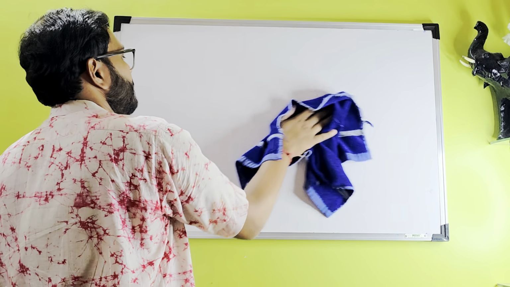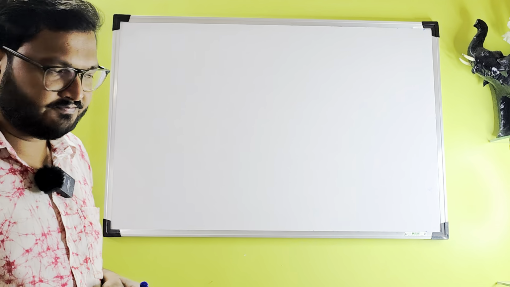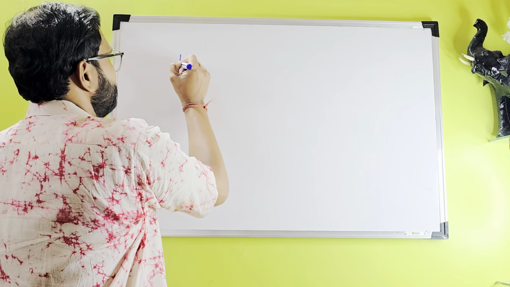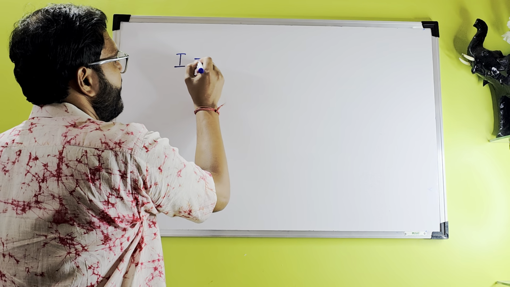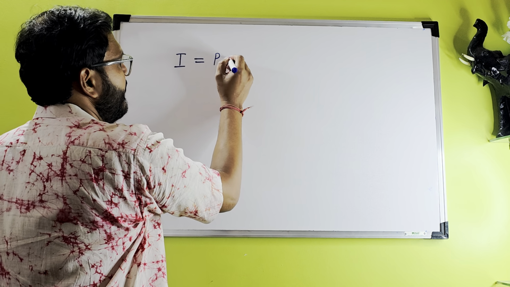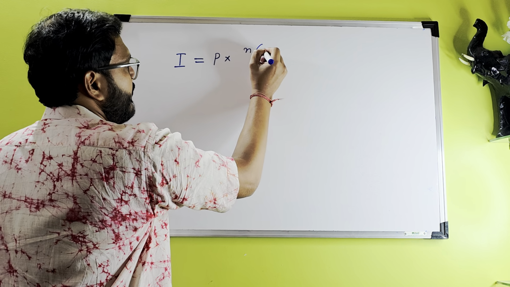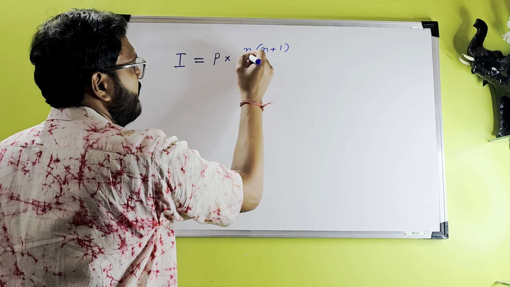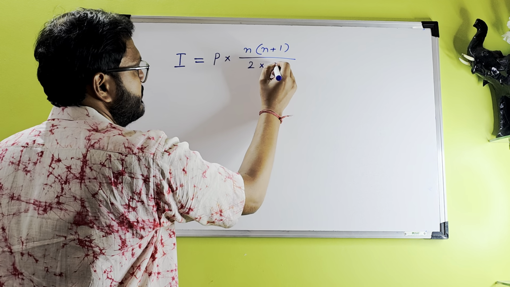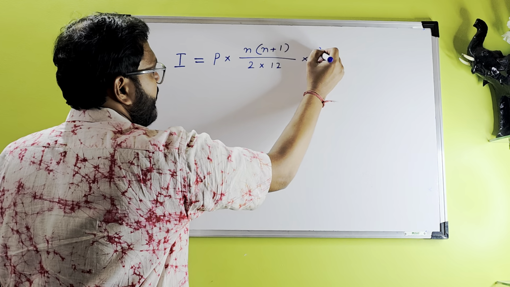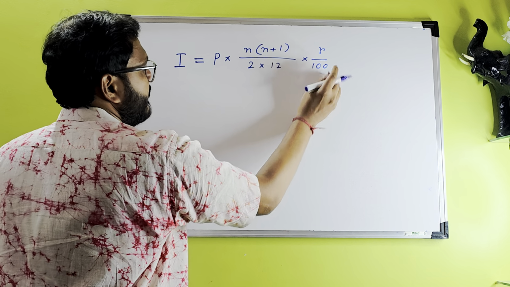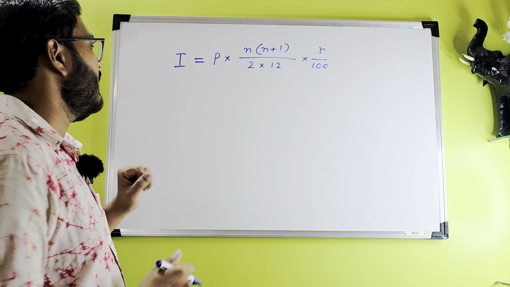There is only one formula, that is for interest. I equals P into n into n plus 1 by 2 into 12 into r by 100. So what is I?